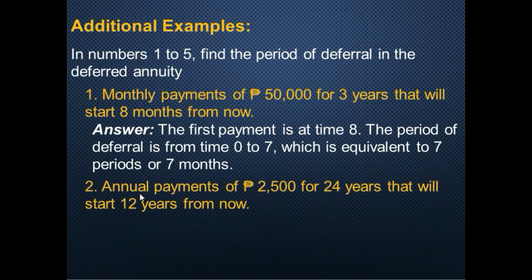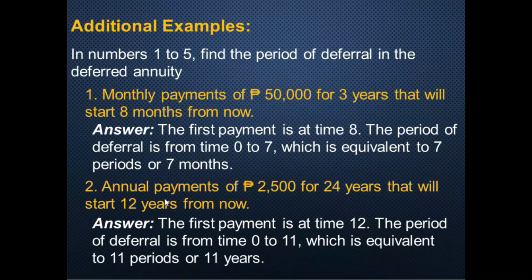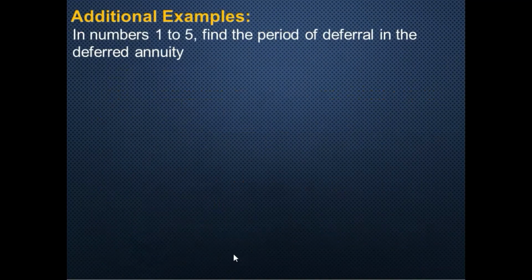In the second example, annual payments of 2,500 pesos for 24 years that will start 12 years from now. So the first payment is after 12 years. The period of deferral is from 0 to 11 years, which is equivalent to 11 periods or 11 years.